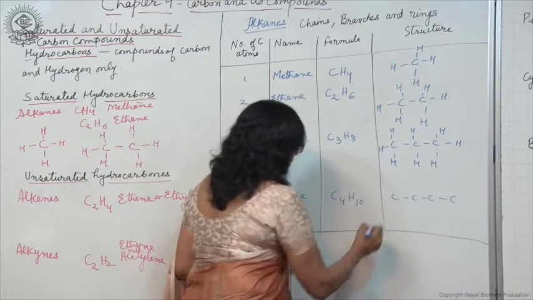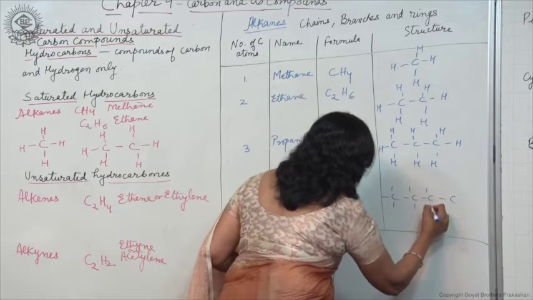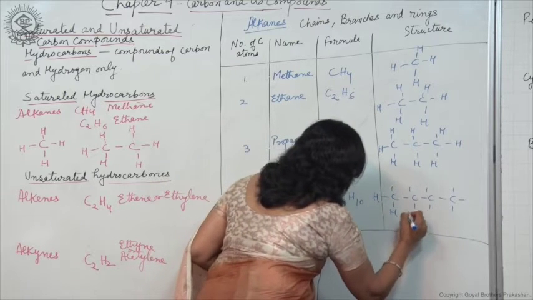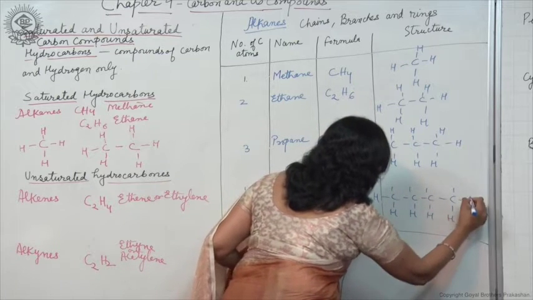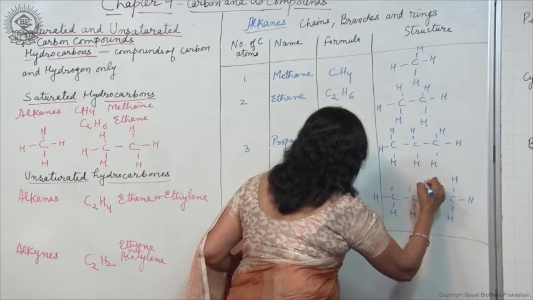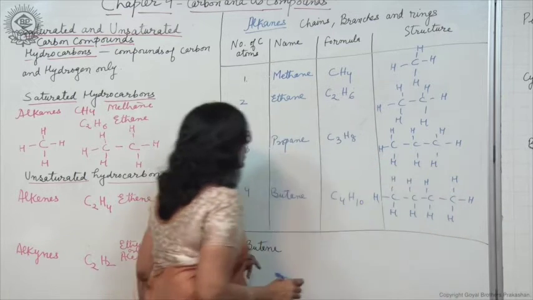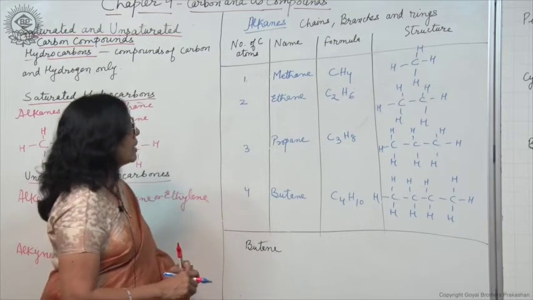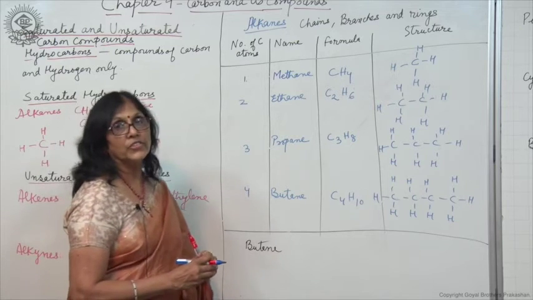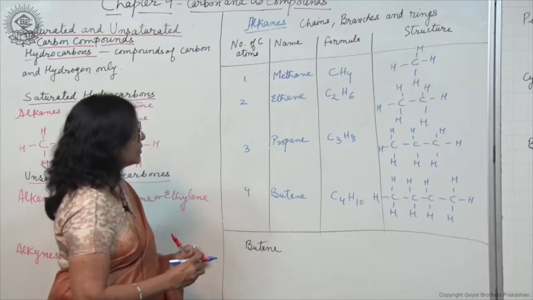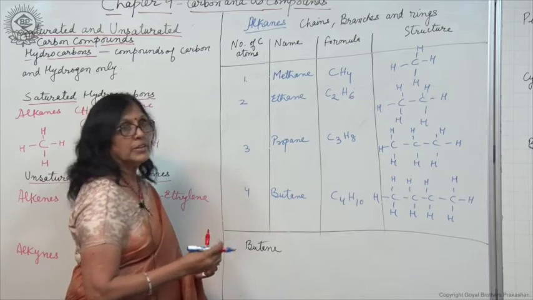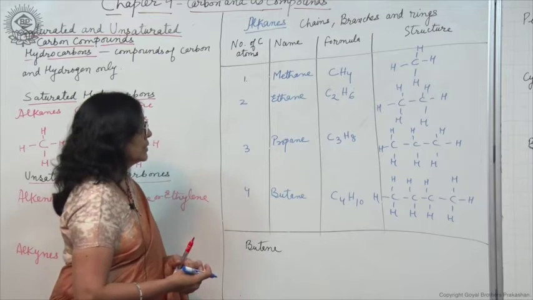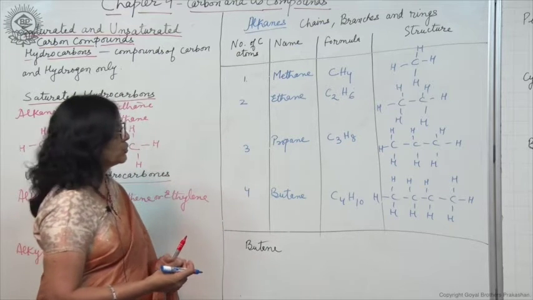Four carbon atoms, then lines to show 4 valencies of each carbon atom, and then hydrogen. Now you can see that in all these formulas the carbon atoms are forming a straight chain. The chain is straight. The carbon chain can be branched also, it can form a ring also, it forms cyclic compounds also.